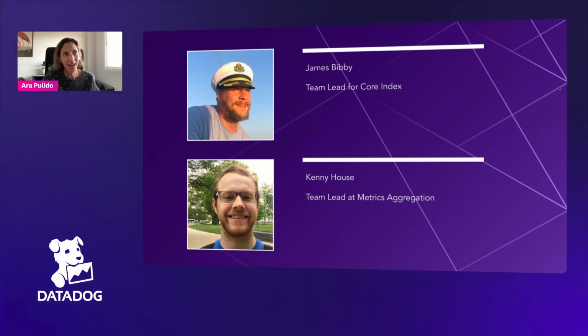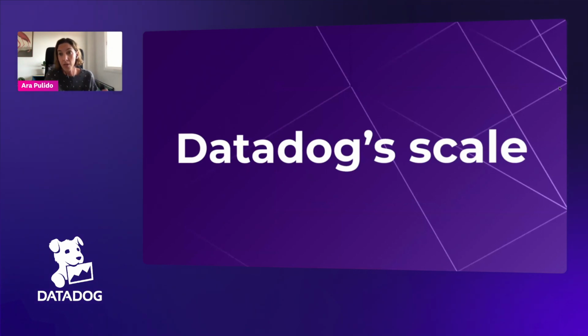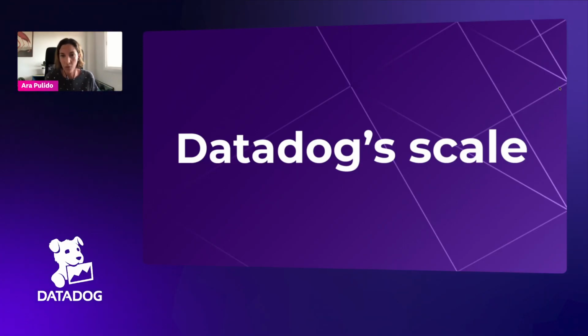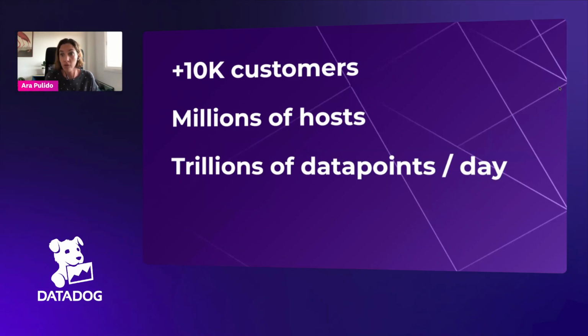The first thing I'm going to introduce a little bit is Datadog scale, because many of the things that we build at Datadog and how we build it are related to the scale we run at. As a monitoring company, we gather information from many of our customers' infrastructure and applications.